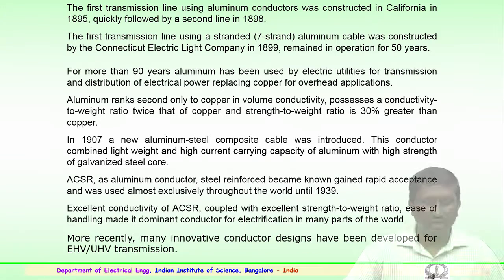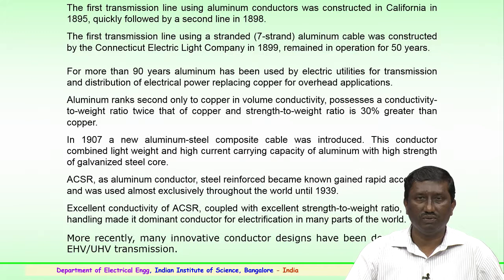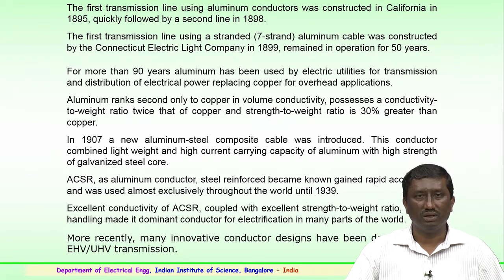The first transmission line using aluminum conductors was constructed in California in 1895. It was quickly followed by a few more lines in the 1890s commissioned with aluminum conductors. The first transmission line using a 7 strand aluminum cable was built by the Connecticut Electric Light Company in 1899. This remained in operation for almost 50 years.